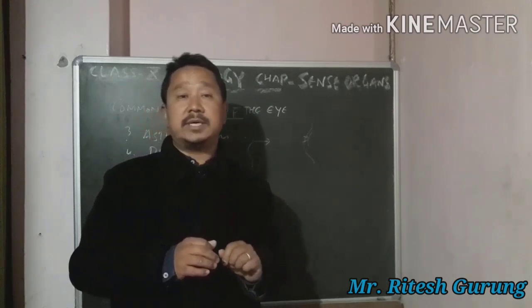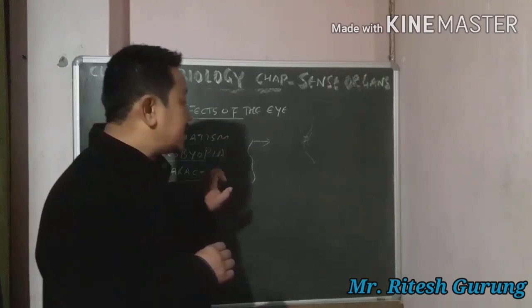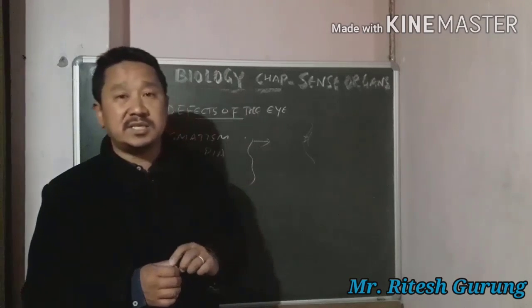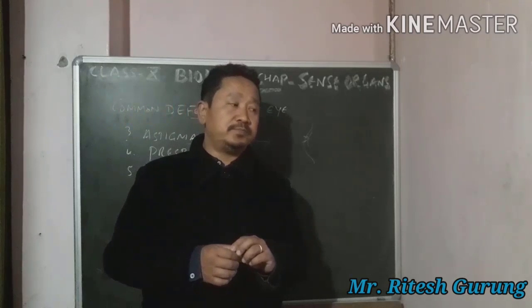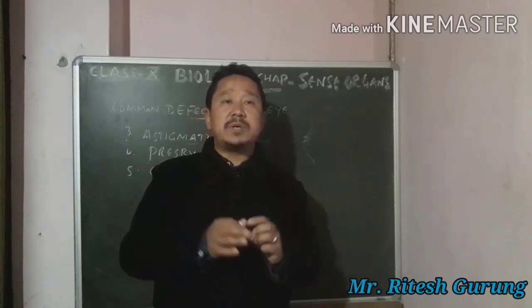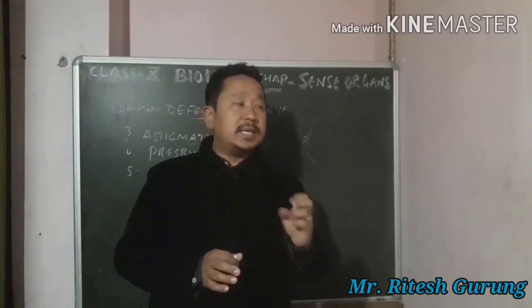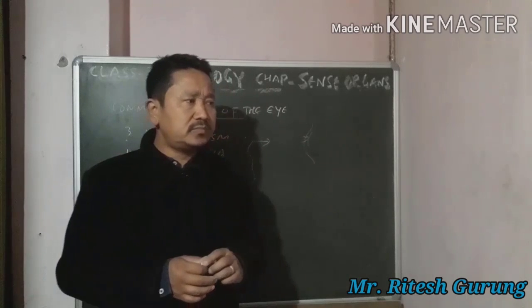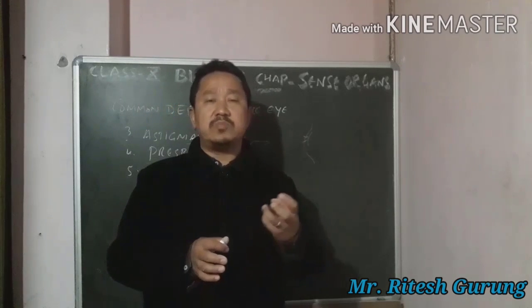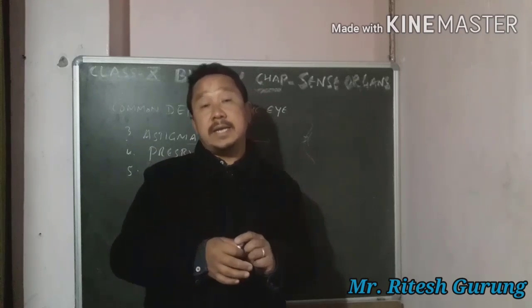Then the last one is cataract. Cataract is a disease because of a problem in the lens: the lens becomes completely opaque, leading to poor vision. Sometimes it leads to complete blindness also.